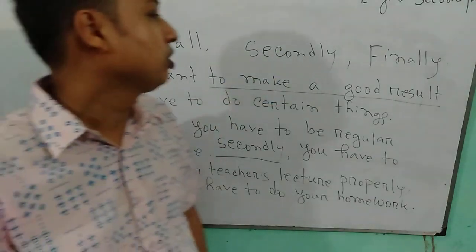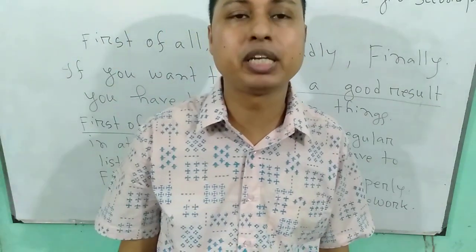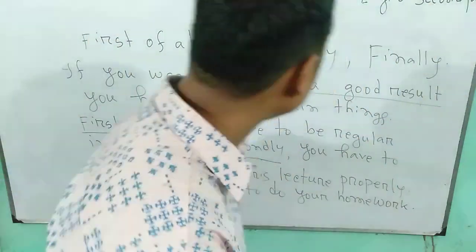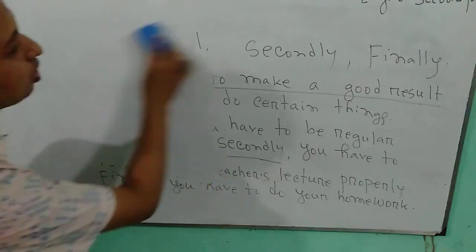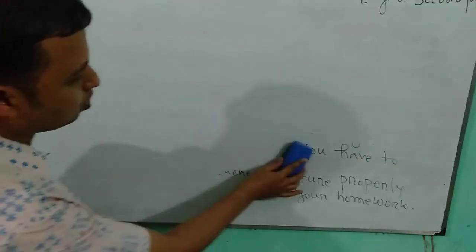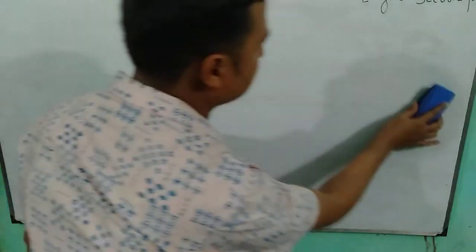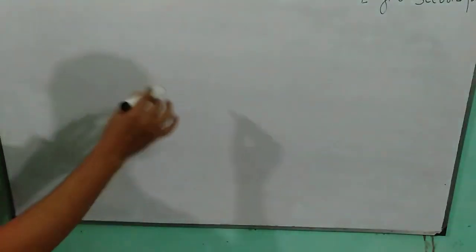Now, I will talk about how you will give example by using linking words. There are some linking words which are used to give example. Suppose you want to clarify something, you have to use example.